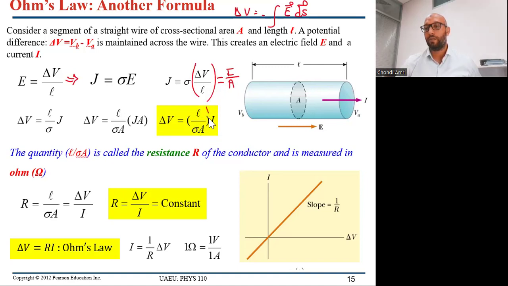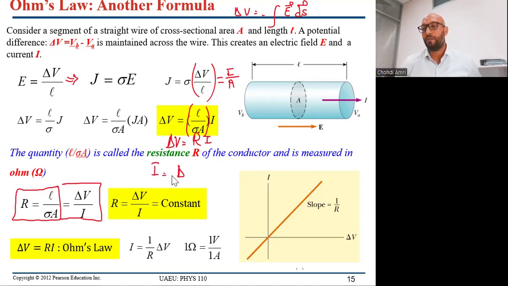Very good. This quantity is called the resistance R. So delta V will be equal to R I, where R is equal to L over sigma A on one side, and equals delta V over I on the other side. If we want to plot this equation, I as a function of delta V, what are we going to get?